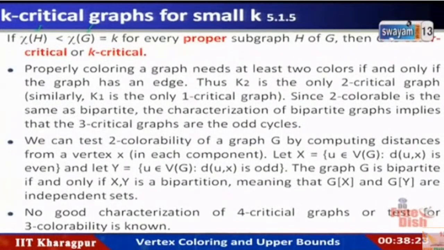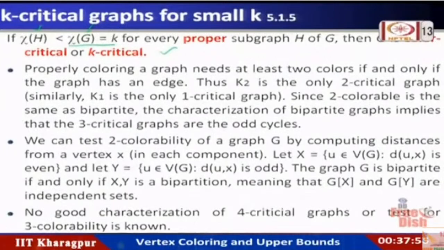So again I am repeating, let us take a graph G whose chromatic number is K, and every proper subgraph H of that graph has a chromatic value less than the chromatic value of G, then G is color critical, or it is called K critical.